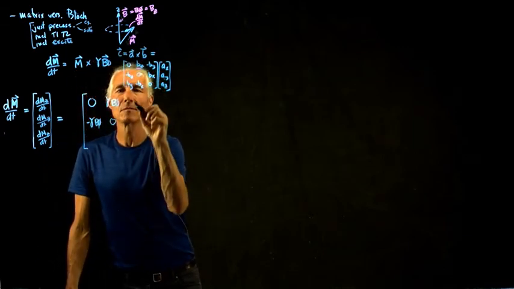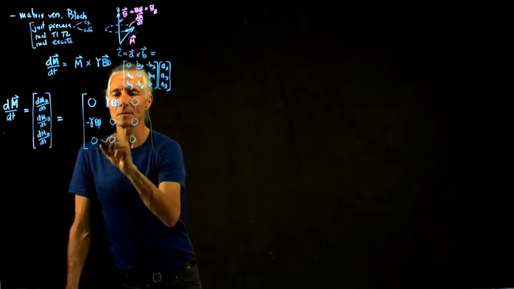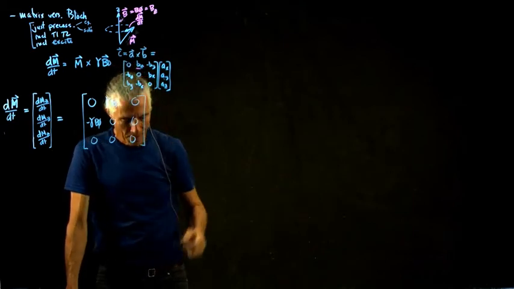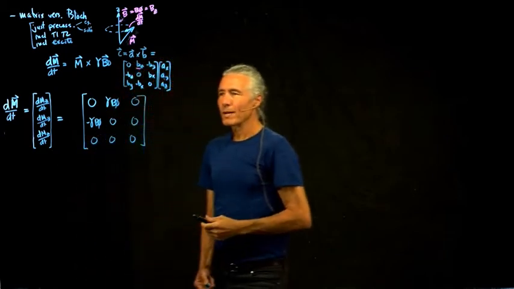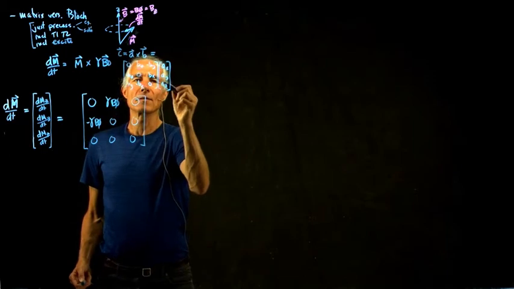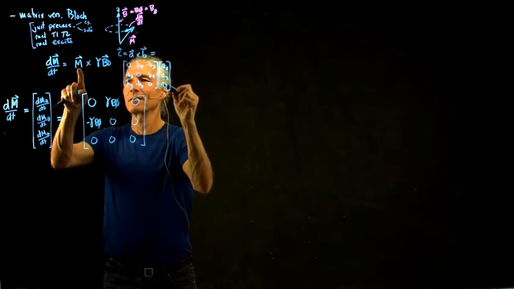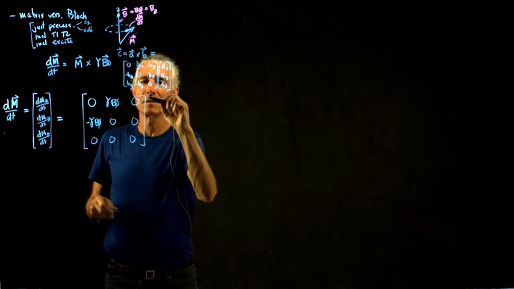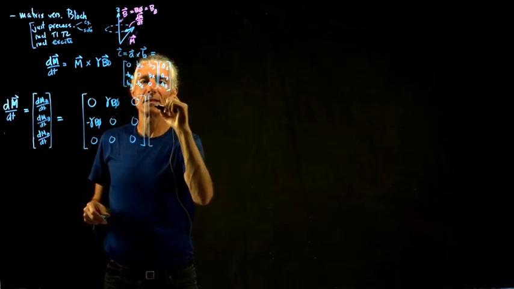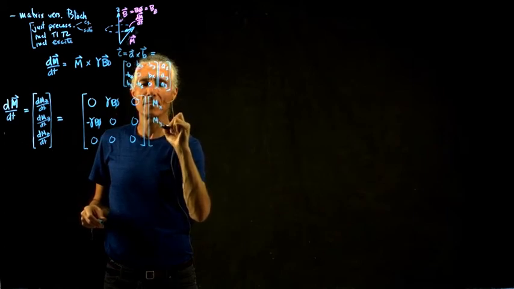So 0, 0, 0, 0, 0, 0. And then we're operating that on the M vector. So A is the M vector. So there's the M vector, which is just the X component of the M vector, Y component, and Z component.